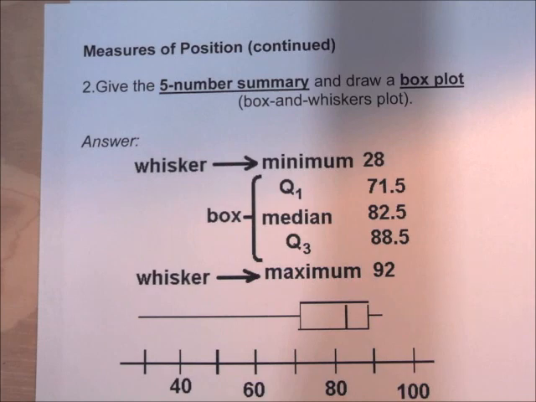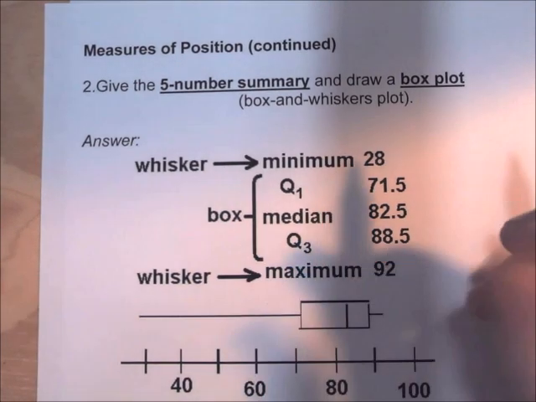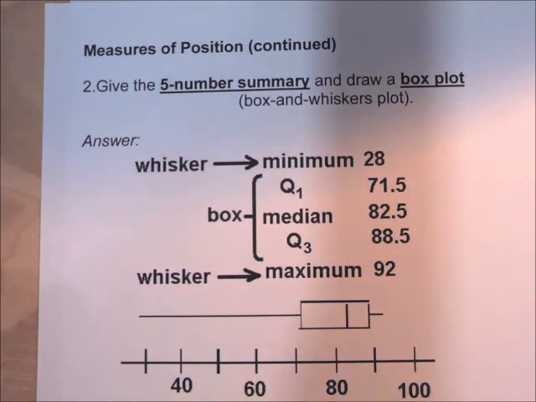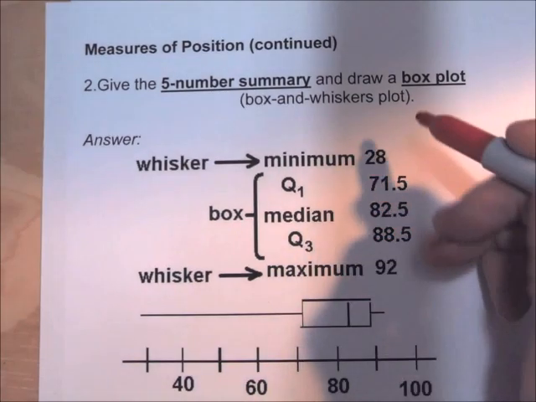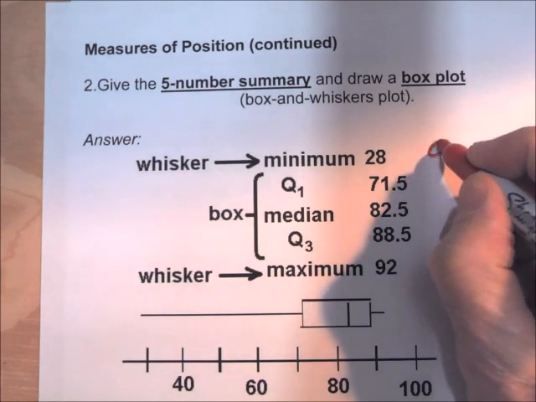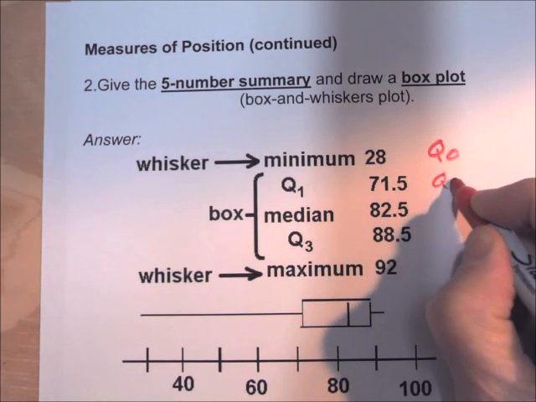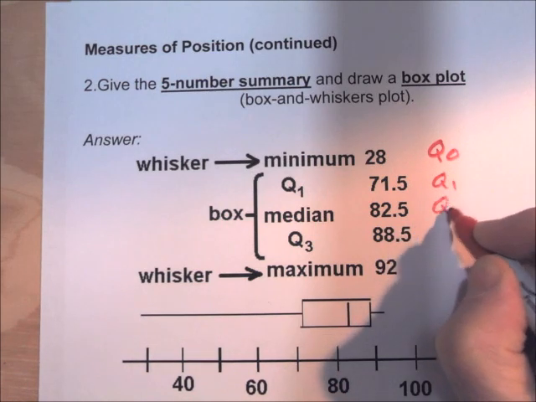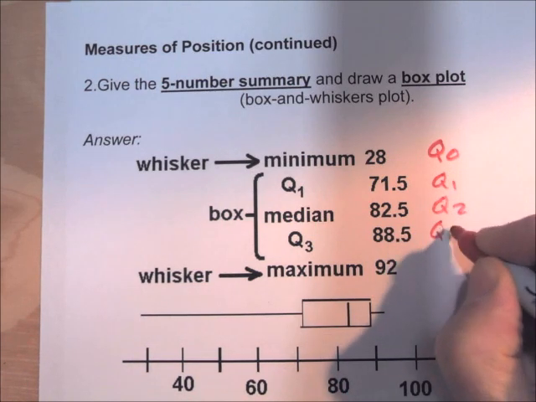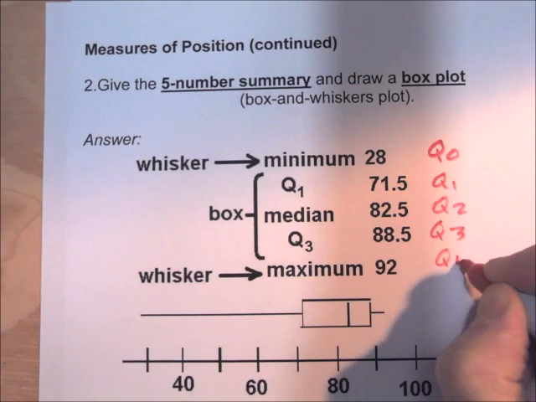So anyway, the minimum is like the 0 quartile. If you want, you can call that Q0. You can think of this as essentially a graph of the quartiles. We have Q1, the median which is the same as Q2, Q3, and the maximum, which we can regard as Q4.